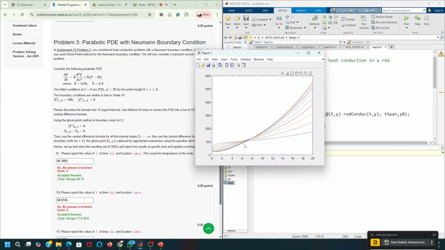There is some error here because this should not go beyond 100. I don't know why it is going.